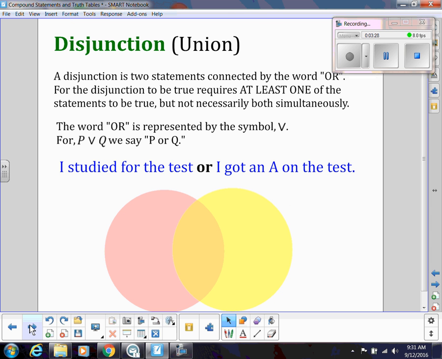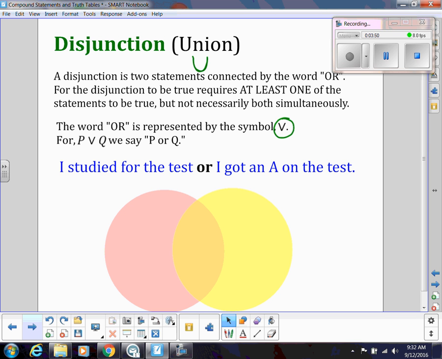All right, so then let's talk about the different connectors. A disjunction, also called a union, sometimes other logic books might use the symbol U. We will be using the symbol V for logic. A disjunction is 2 statements connected by the word or.